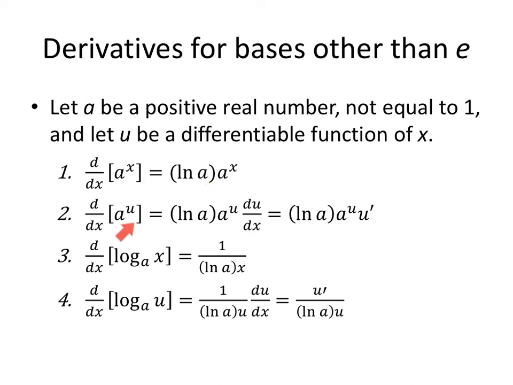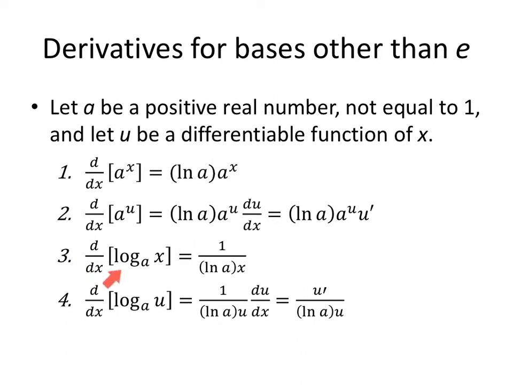Same thing, if we have some action going on here, u is some function of x in our exponent, then the derivative of a to the u is natural log of a times a to the u times the derivative of the exponent. Again, the only thing that's changed from e to the x or e to the u is the natural log of the base in front.